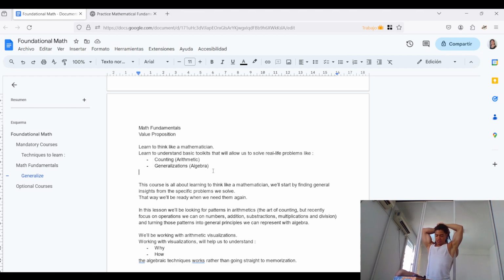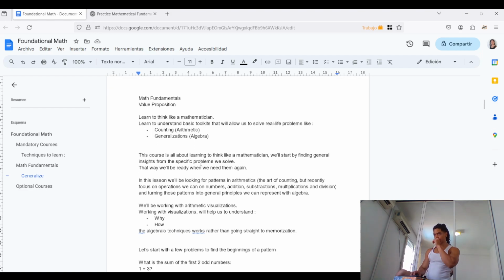It's like, yes, I'm going to think like a mathematician, but the value that I'm going to get here is these basic practical tools to solve real life problems like counting or generalization.